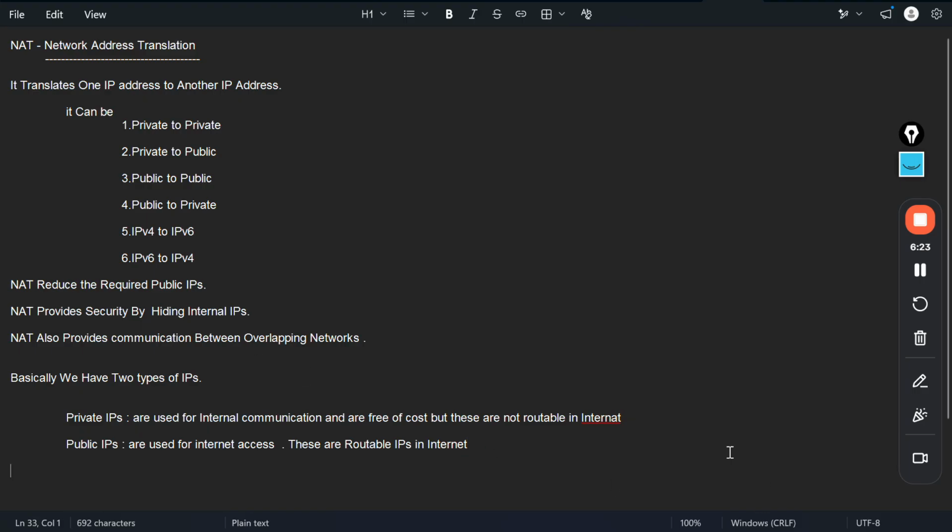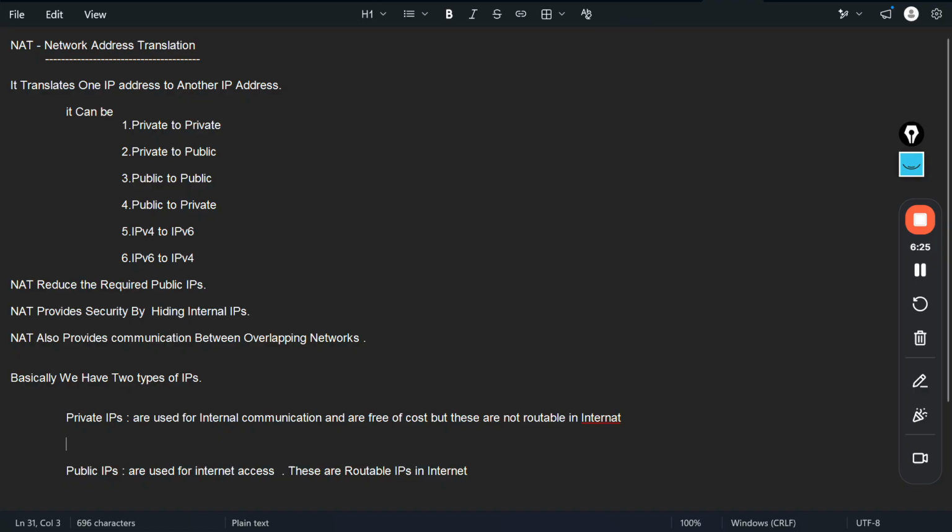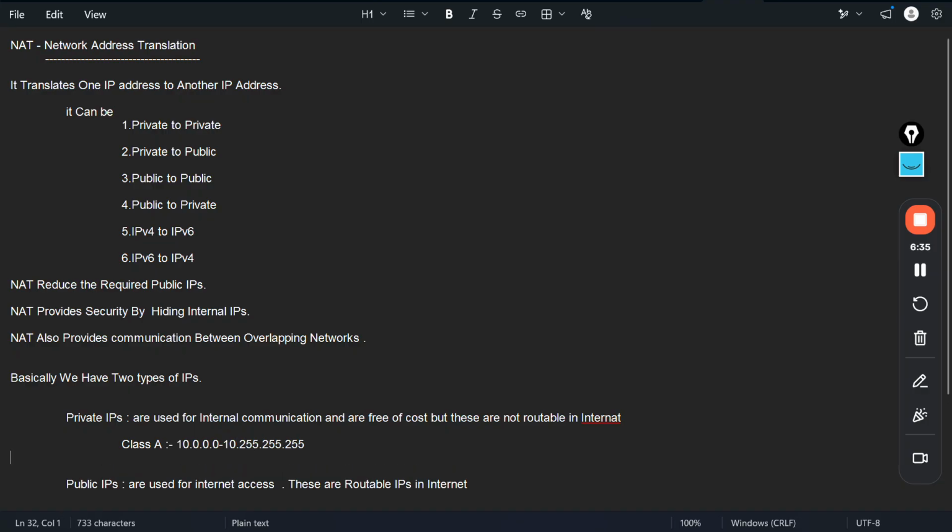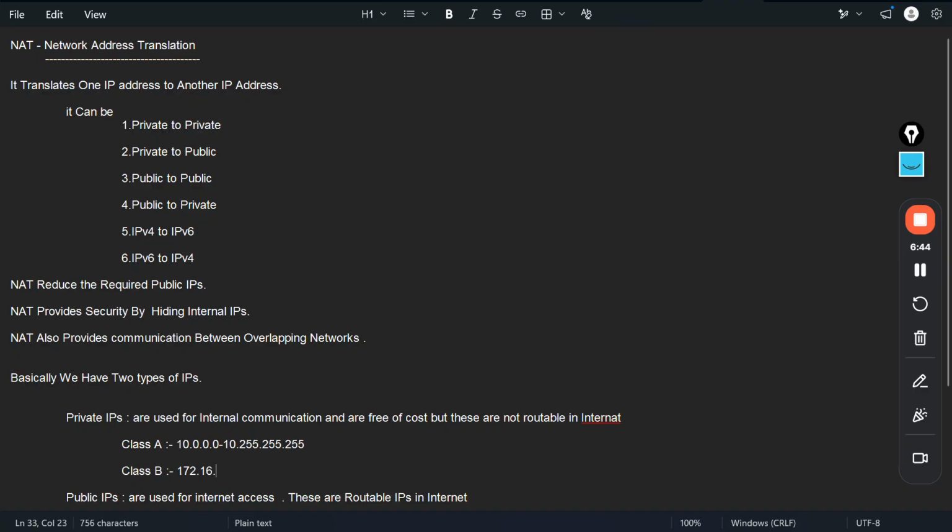But private IPs are very limited, right? What are the private IPs? Class A: 10.0.0.0 to 10.255.255.255. Class B: 172.16.0.0 to 172.31.255.255.